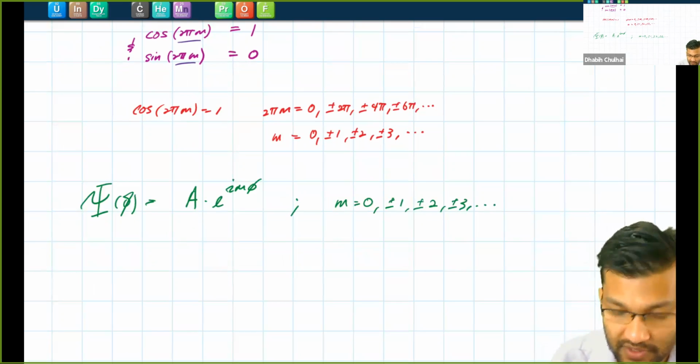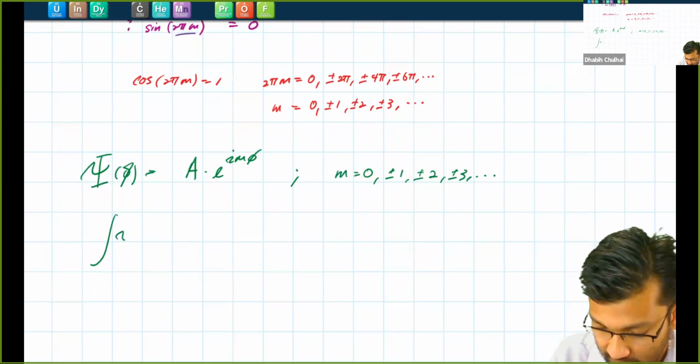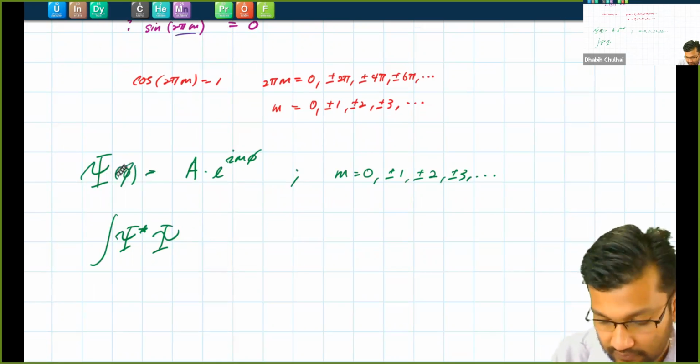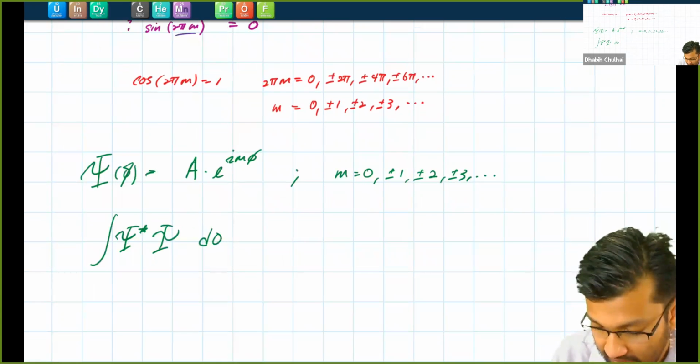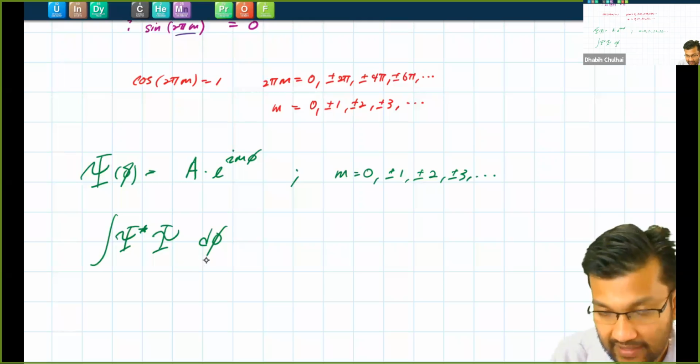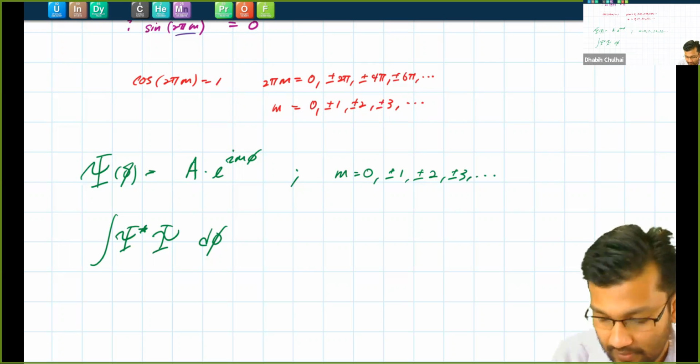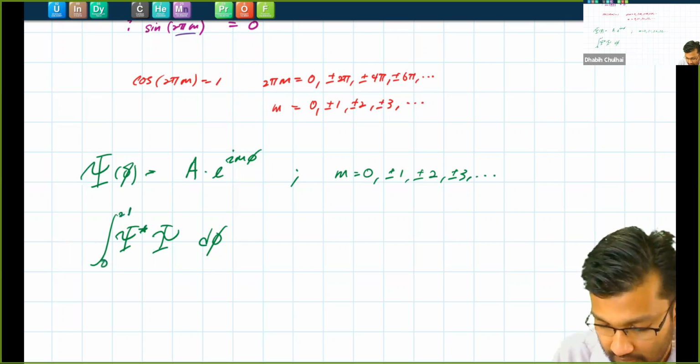Remember, the wave function must be normalized. So the integral of the wave function star times the wave function, and it's not x now, it's phi, d phi. The limits of integration don't go from 0 to infinity or whatever. It's an angle, so it goes from 0 to 2 pi.